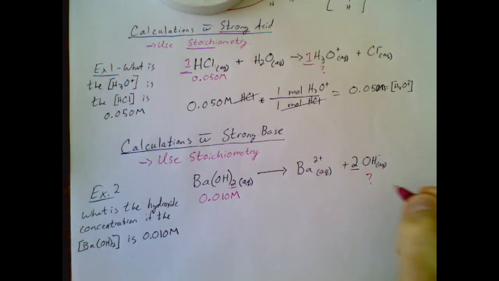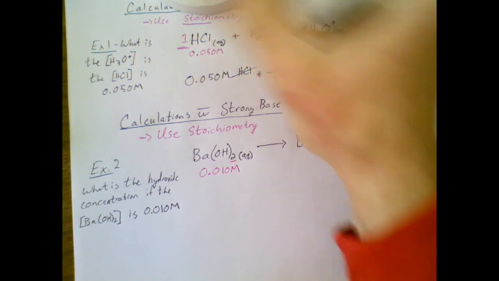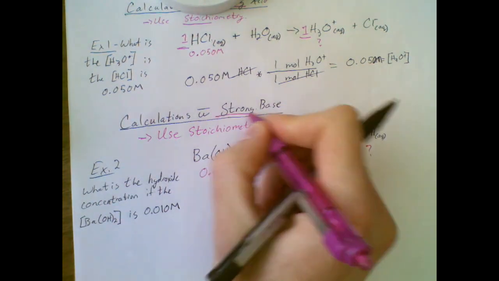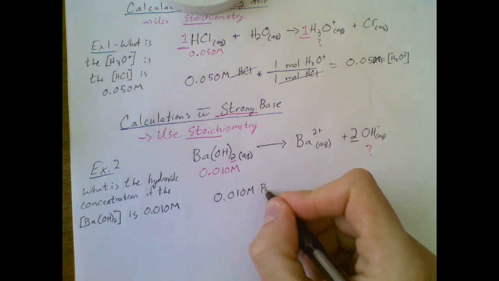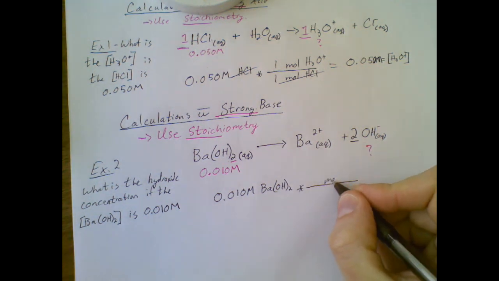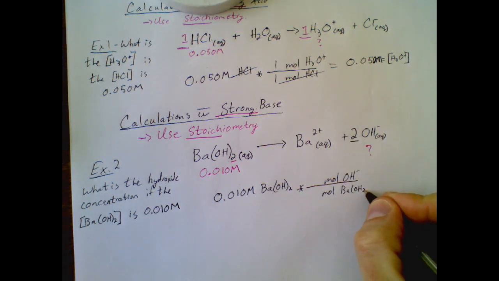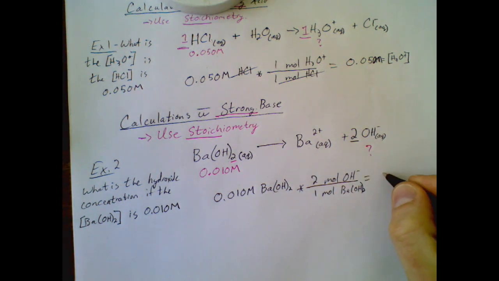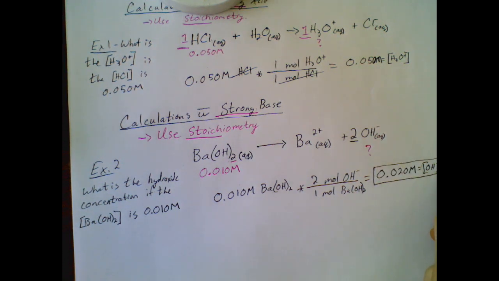Our question is how much hydroxide is there going to be? Again, this is a strong substance, and strong substances use stoich. So we have 0.010 molarity barium hydroxide. We're going to use our molar ratio, but this time we want to find the concentration of OH- from the concentration of barium hydroxide. It is a 2-to-1 ratio, so the concentration is 0.020 molarity, and that is the concentration of OH-. A little box around it. There we go.